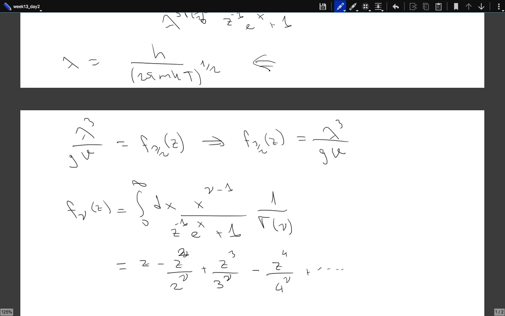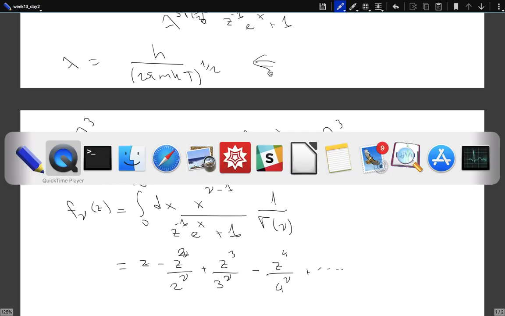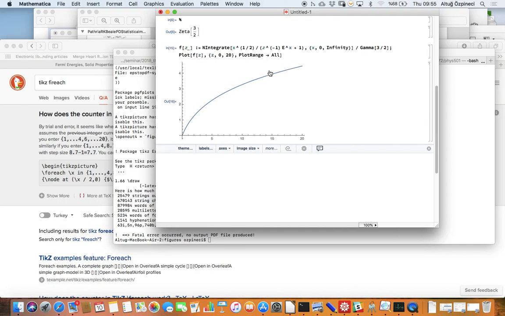And if you would plot this f of 3/2, well, Mathematica would help us. You see, this is what f 3/2 looks like. It's a monotonously increasing function of z.